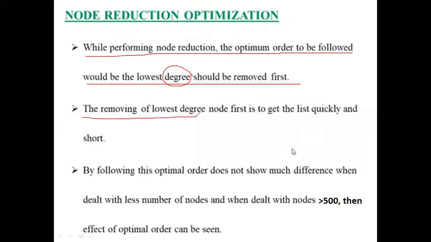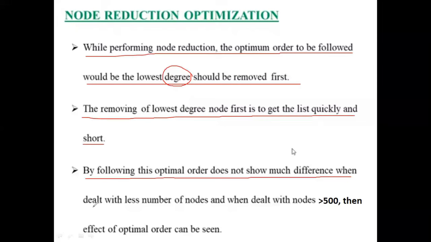Removing the lowest degree node first gets the result quickly and keeps it short. Following this optimal order does not show much difference when dealing with a small number of nodes, but when dealing with more than 500 nodes, the effect of the optimal order can be seen.